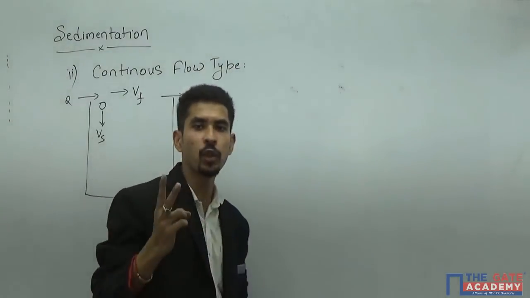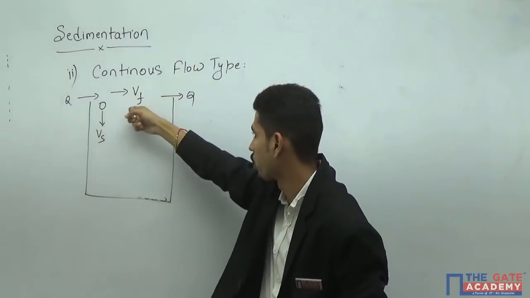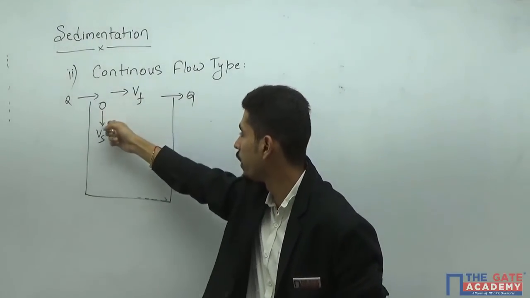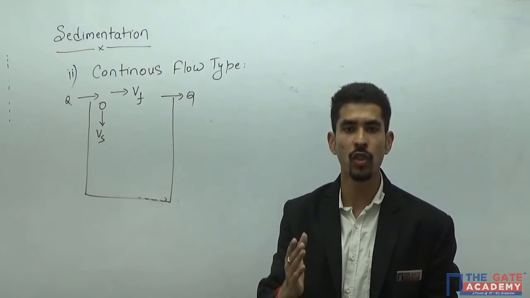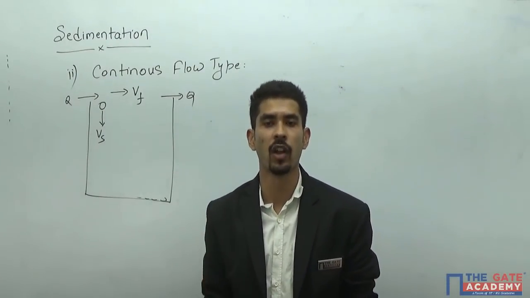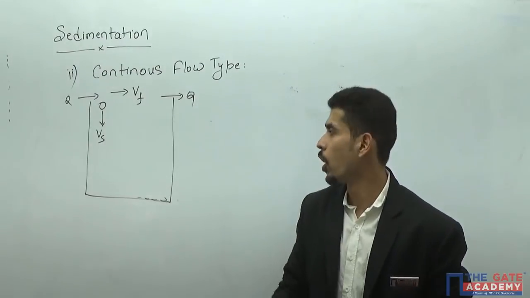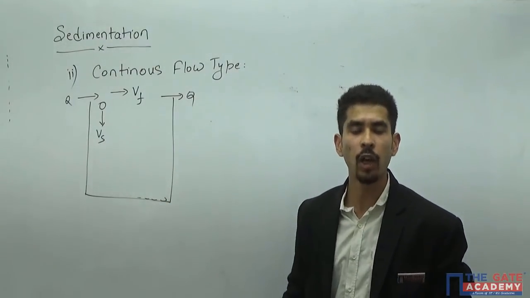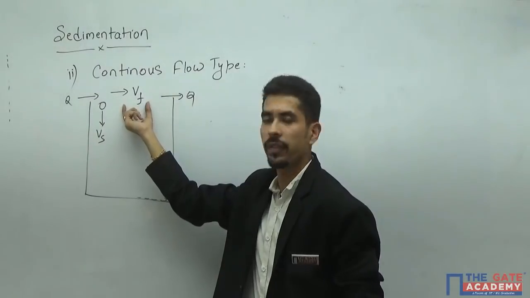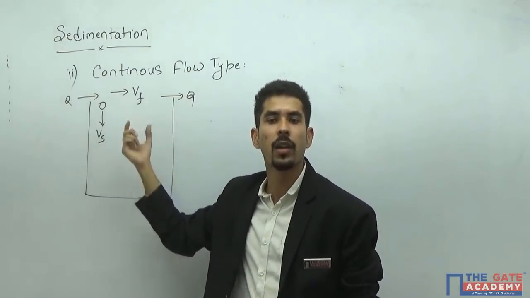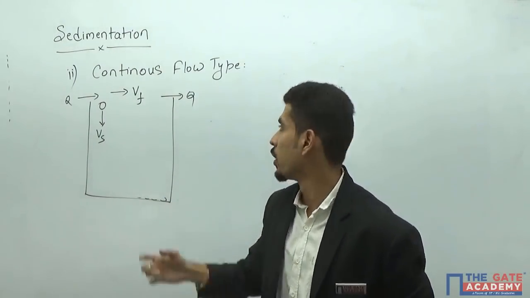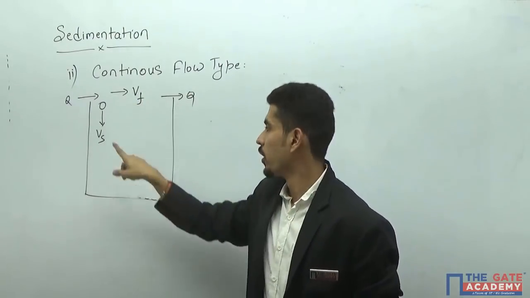These particles have two velocities. One is in the horizontal direction, the other one is in the vertical direction. So there will be a resultant velocity. Now I am saying this Vf is constant. Why? Because we are applying a pump, right?